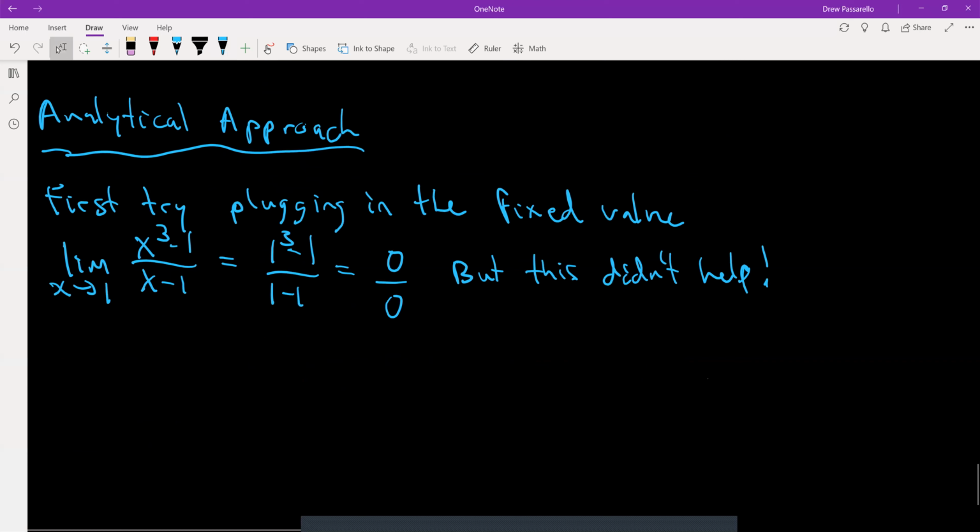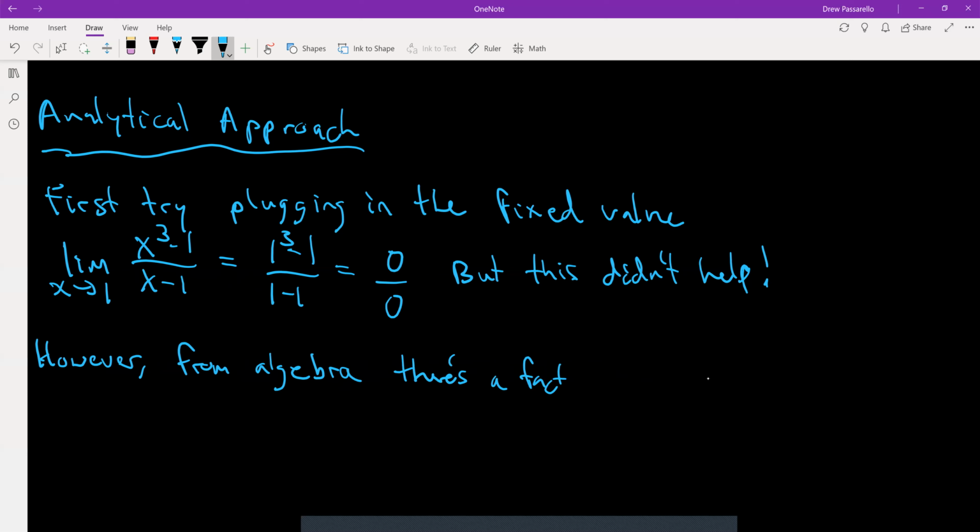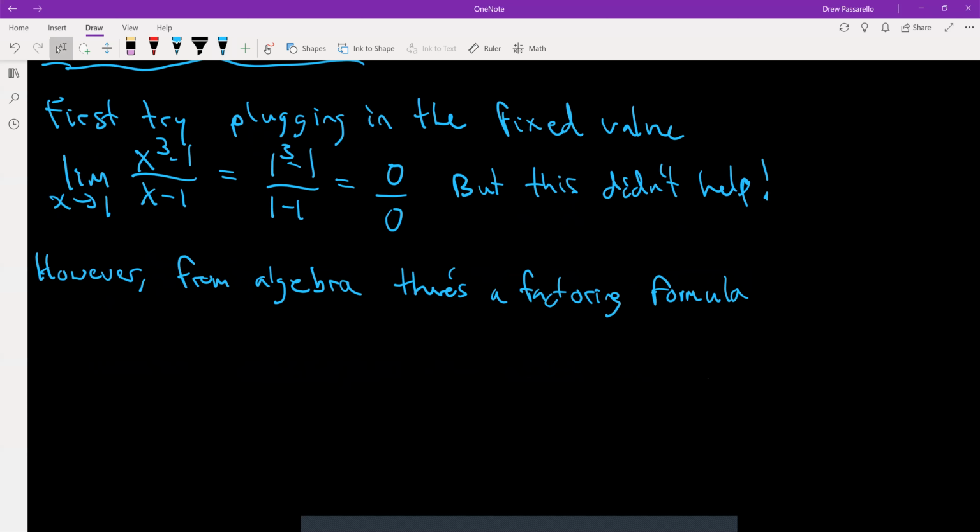However, from algebra, there's a factoring formula. And that factoring formula I'm going to apply is called difference of cubes.